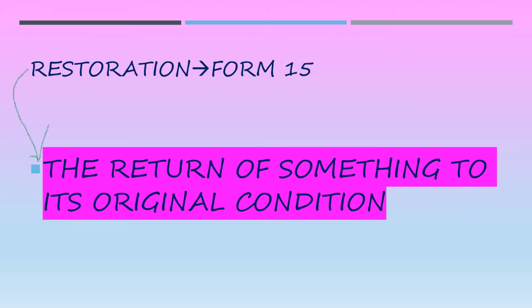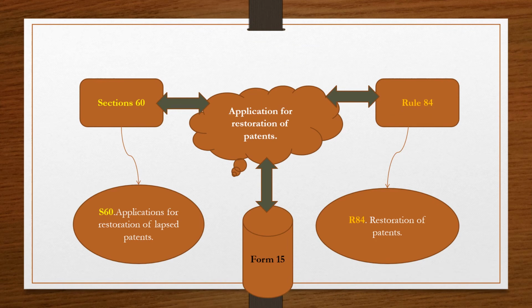Form 15: the title here is Application for Restoration of Patents, and the related section is 60 and the related rule is 84. The title of section 60 is Applications for Restoration of Lapsed Patents, and rule 84 is Restoration of Patents. You can observe one keyword here: restoration of patents. So easily you can relate the form, the rule and the related section.